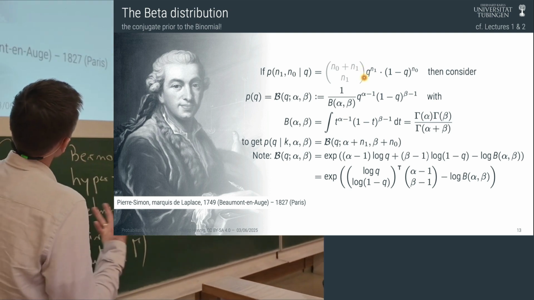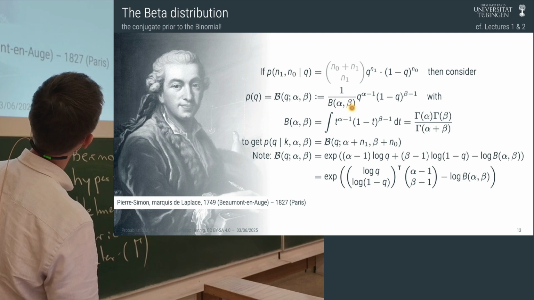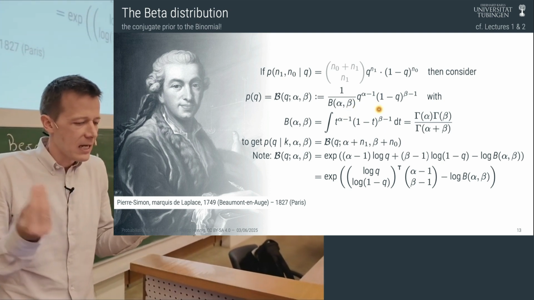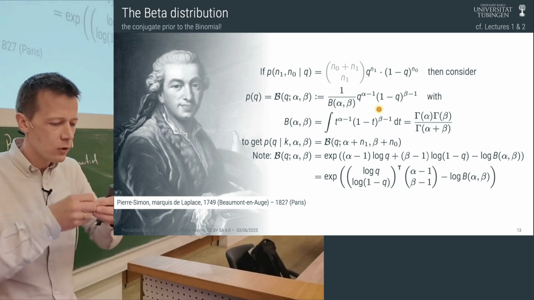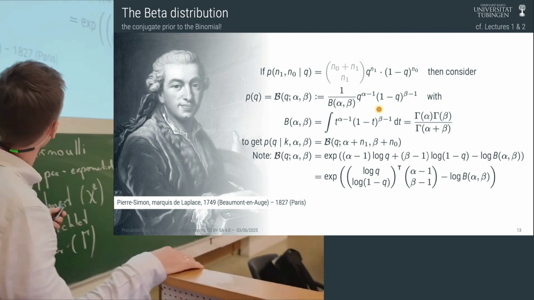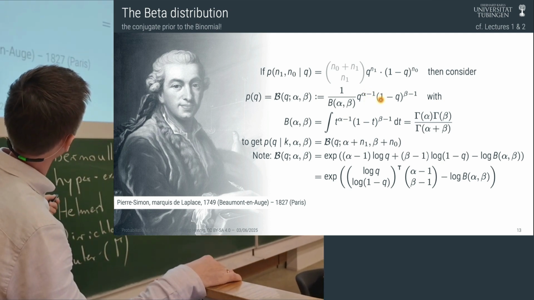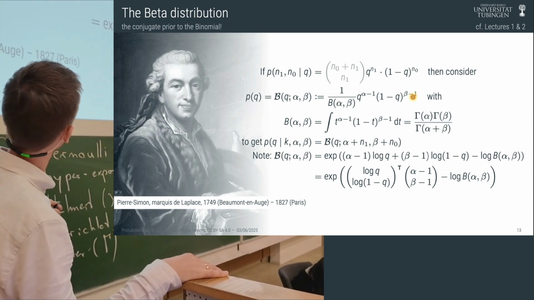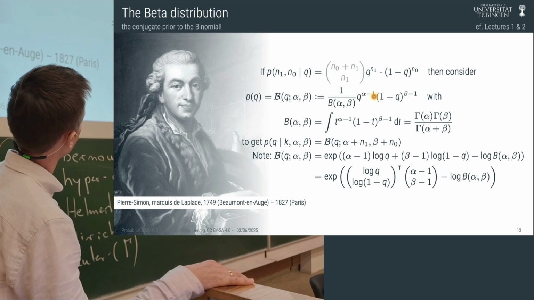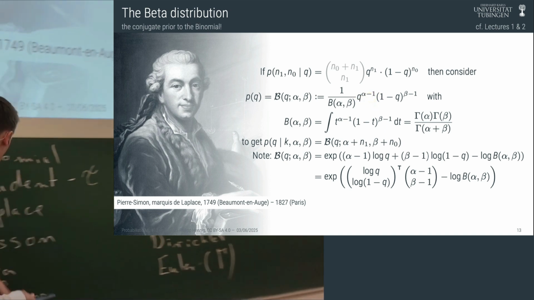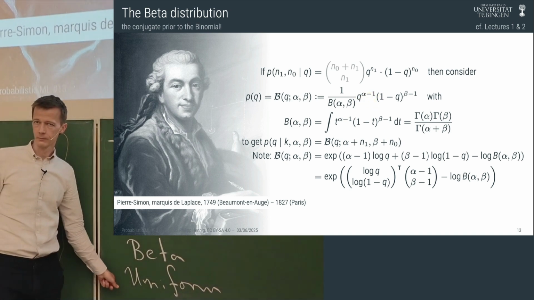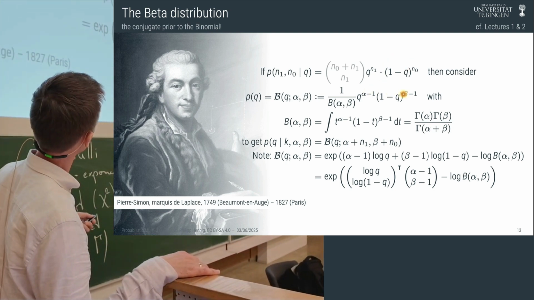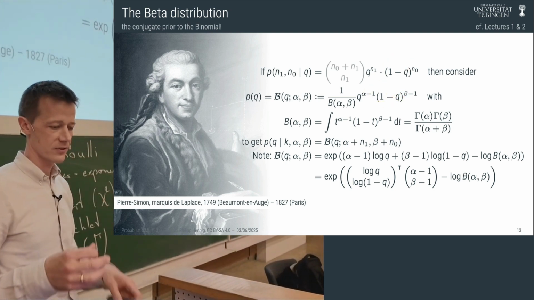We then chose to say, let's use a prior that has the same, I think I said back then, algebraic structure. So it's also a function of q, where q is raised to some parameter, and 1 minus q is raised to some other parameter. In particular, if we choose alpha and beta to be 1, then this is the uniform distribution, which is here on our list. But we could choose other choices for alpha and beta, and then we'll get other distributions.